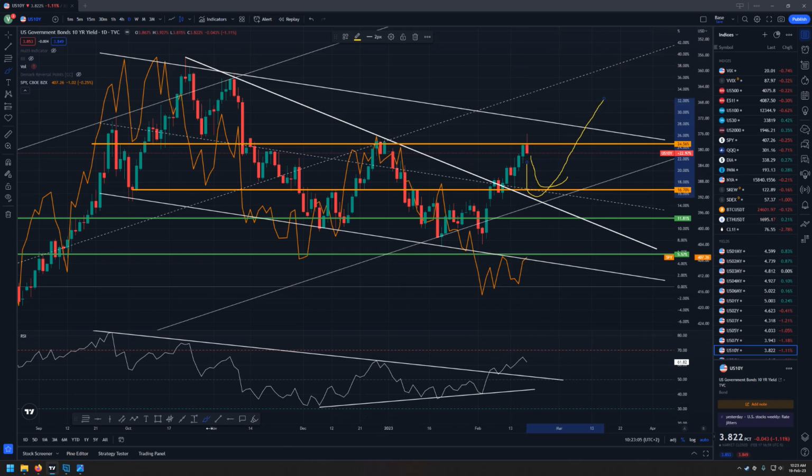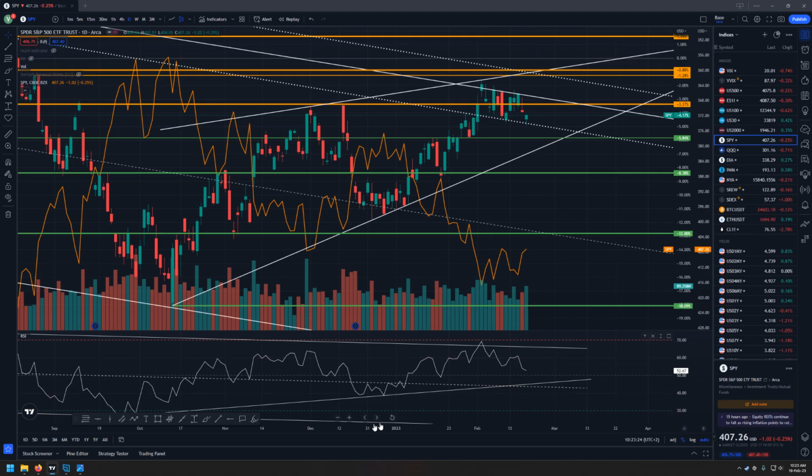But the move in yields and the dollar has been huge relative to what the market has been doing. So we have an 80% move in yields, and SPY has only gone down like 6%, I think. Let me look at it here. No, it's actually 3.4%.